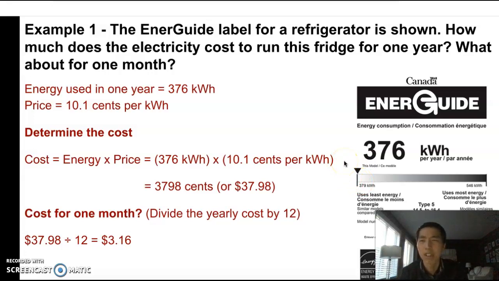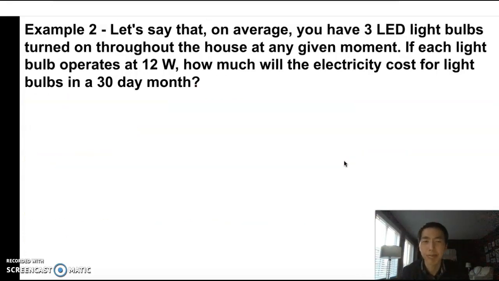All right, example 2 is a bit more complicated because there's no EnerGuide label here. Let's say that on average you have 3 LED light bulbs turned on throughout the house at any given moment. I did an estimation there. I just think about my own house, and right now I've got not a single light bulb on the main floor, and I see some light coming from upstairs, so I think my wife's using some light up there.